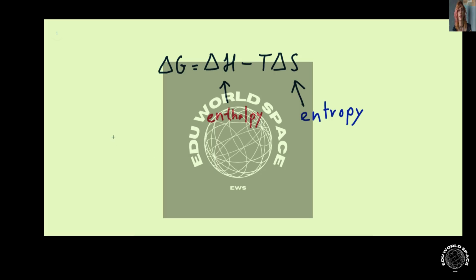And we have nitrogen over here. We have a nitrogen atom, and that's usually as N2, that's the before.